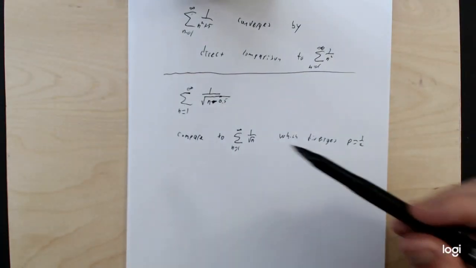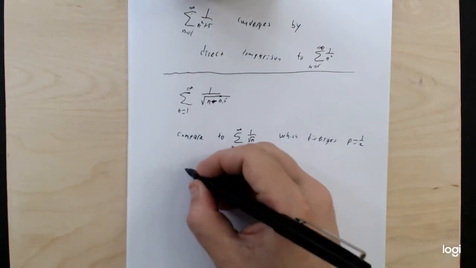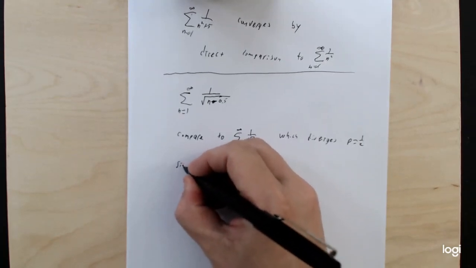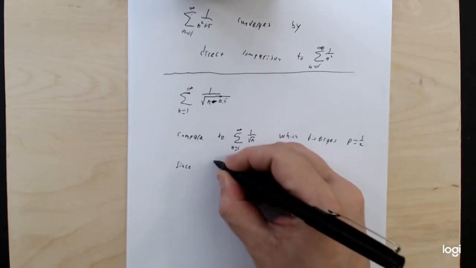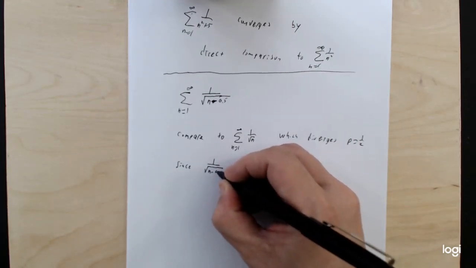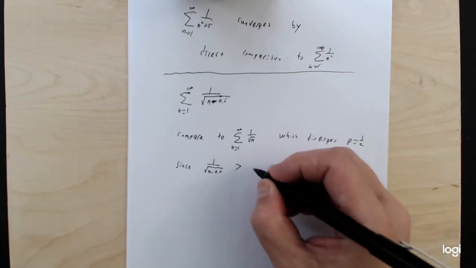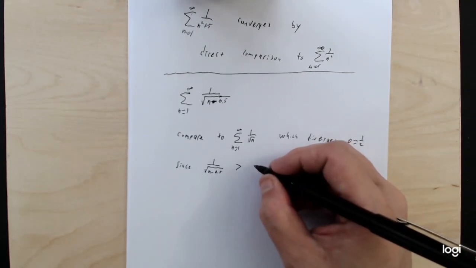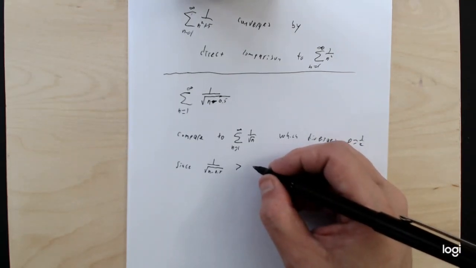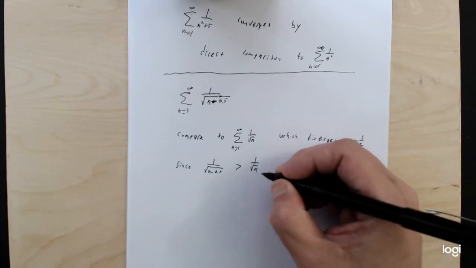So we suspect it diverges, and in this case we can prove it because 1 over root n minus 0.5 is always going to be greater than 1 over root n.